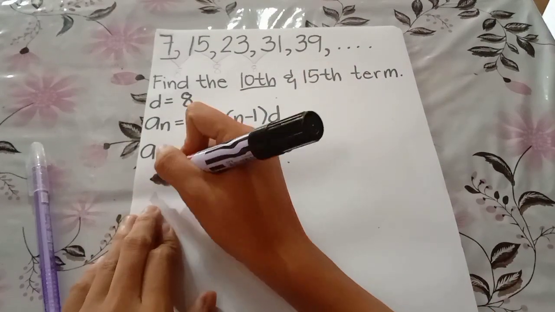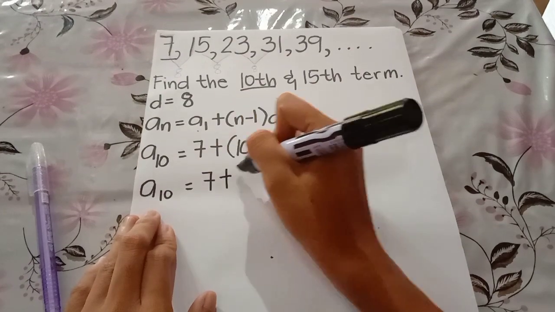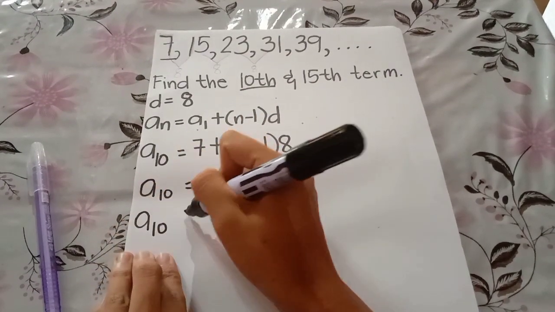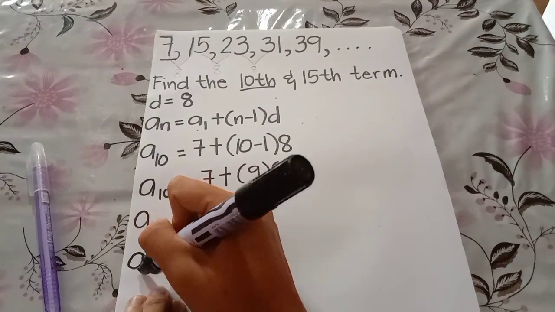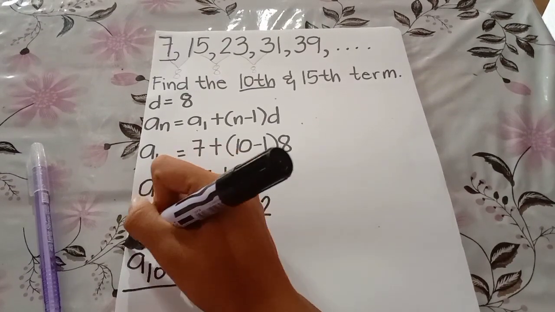Now, a sub 10 is equal to 7 plus 9 times 8. A sub 10 is equal to 7 plus 72. A sub 10 is equal to 79. So our 10th term is 79.